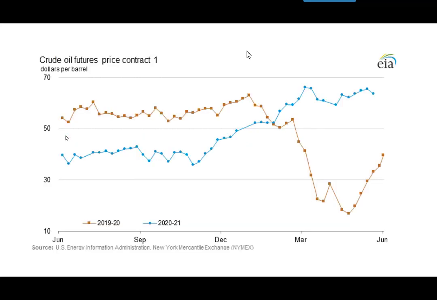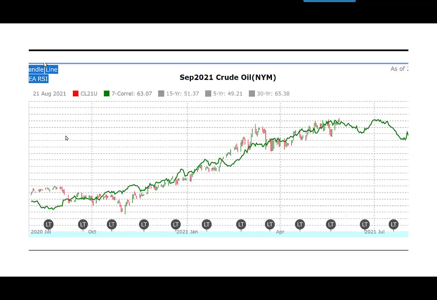All right. Here's futures prices. The brown line was last year, and the blue line is this year. So clearly we had the big COVID crash in crude oil. Yes, we made a tremendous amount of money on that. And the blue line shows a pretty consistent bull market in crude oil futures.